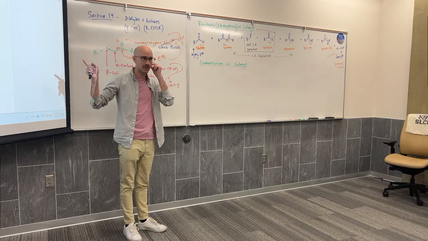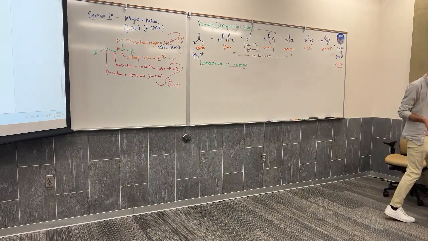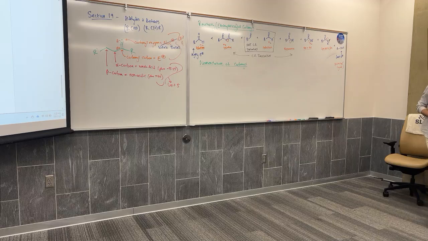And when we get into sections 20 and 21, and we start talking about reactions with carboxylic acids and their derivatives, it will start to make a lot more sense why they're considered derivatives of carboxylic acids. Because of that, section 19 has its own reactions.